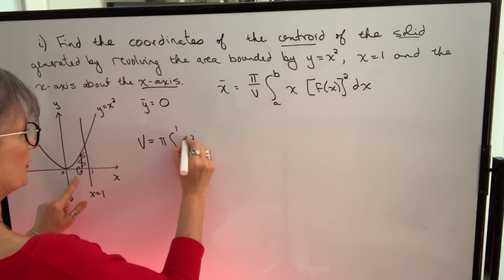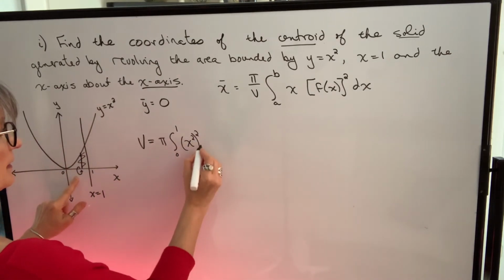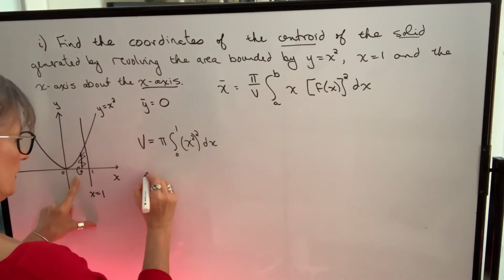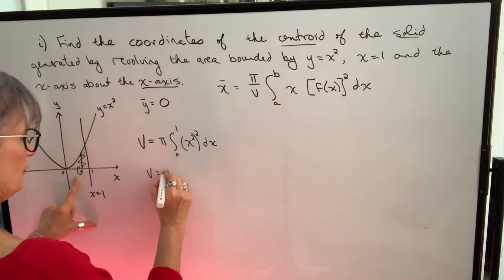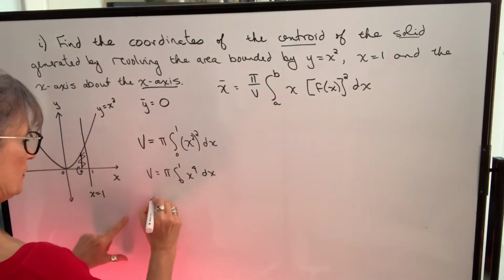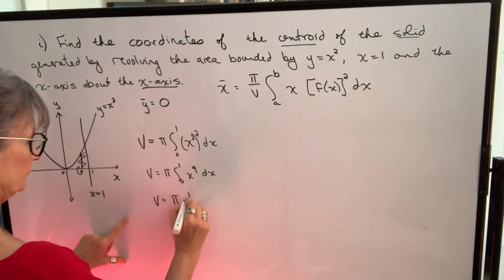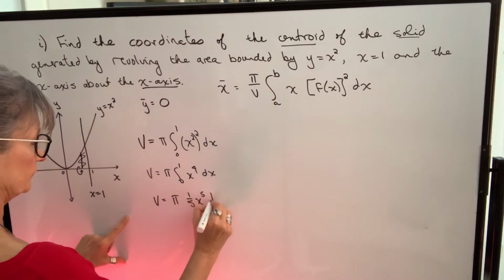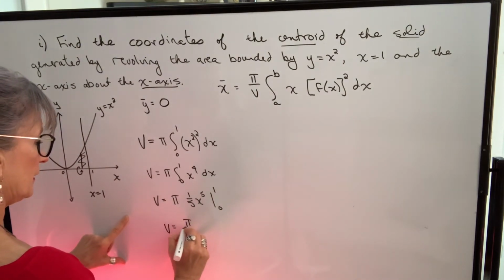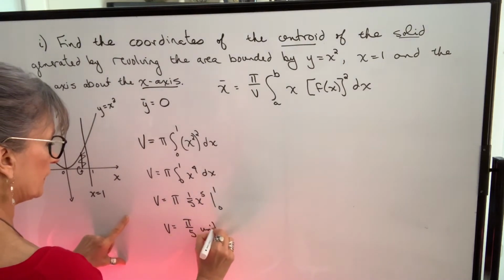So x squared squared times the thickness, which is dx. So pi radius squared times height. Simplify first and then integrate. So my volume will be pi divided by 5 cubic units.